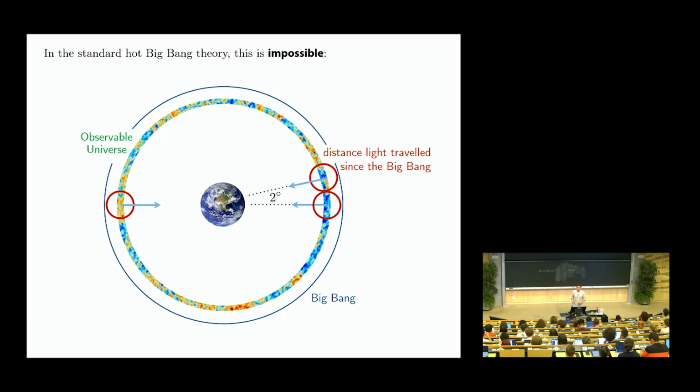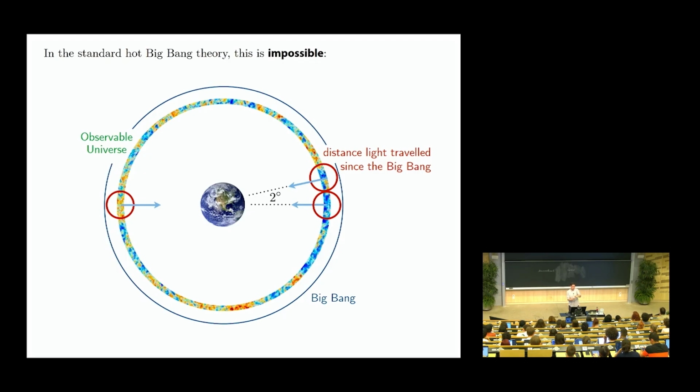Okay, but let me come back to this picture. So now there's this surface surrounding us, and I've also drawn here in red little circles that indicate the maximal distance that light could have traveled from the time of the Big Bang.